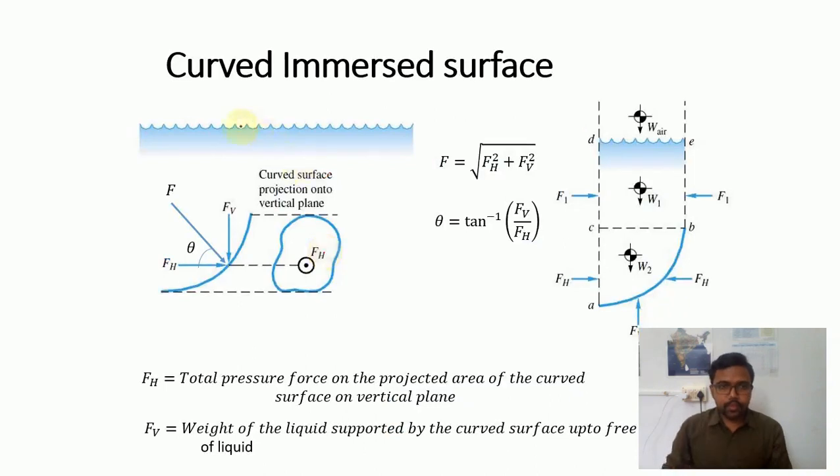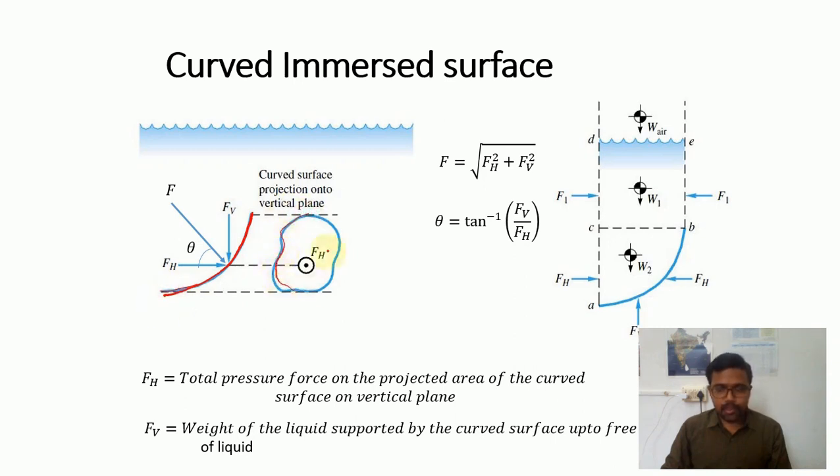Next, when a curved surface is immersed in a liquid, what is the total pressure force and its angle of inclination? Here you can see a curved surface immersed under a liquid, and its area or shape could be anything, we don't know.